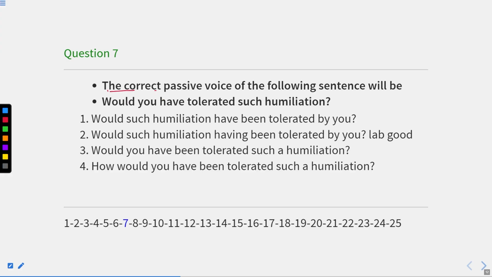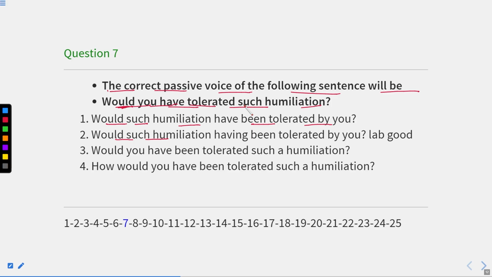This is question number 7. The correct passive voice of the following sentence will be: would you have tolerated such humiliation? So this is a question structure. Now, would you have tolerated? It means this is a perfect tense sentence. So, would such humiliation have been tolerated by you? Here would is the modal.